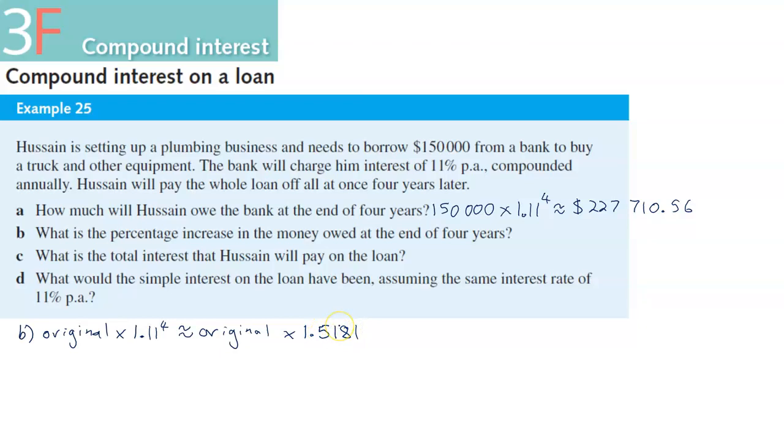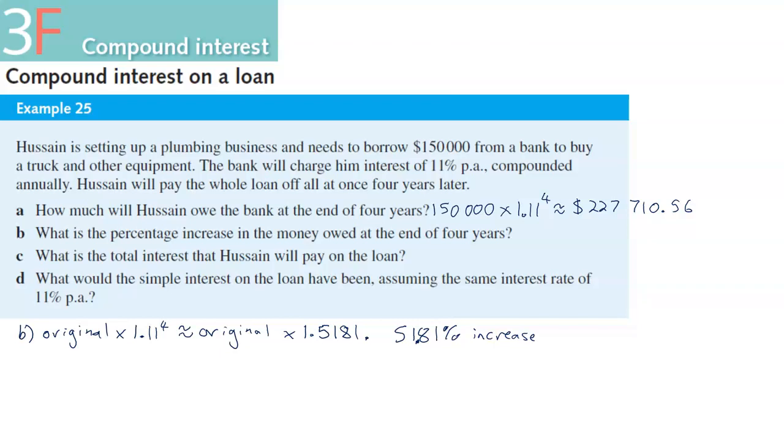Again, I'm rounding to 4 decimal places because then that will give me a percentage to 2 decimal places. So the percentage increase in the money is 51.81% increase. Okay, so even with a relatively small interest rate of 11% over 4 years, he'll have to pay back more than half as much again.